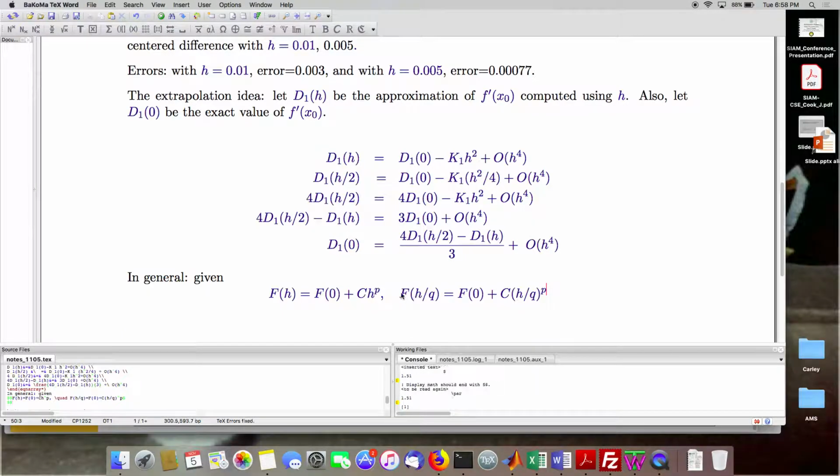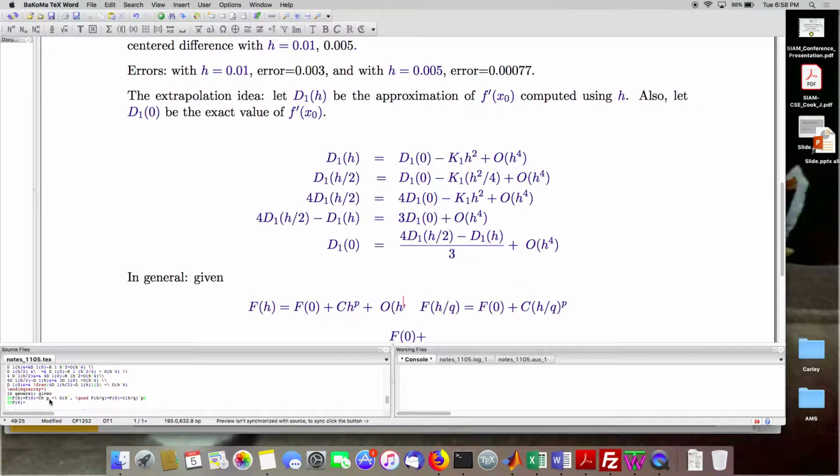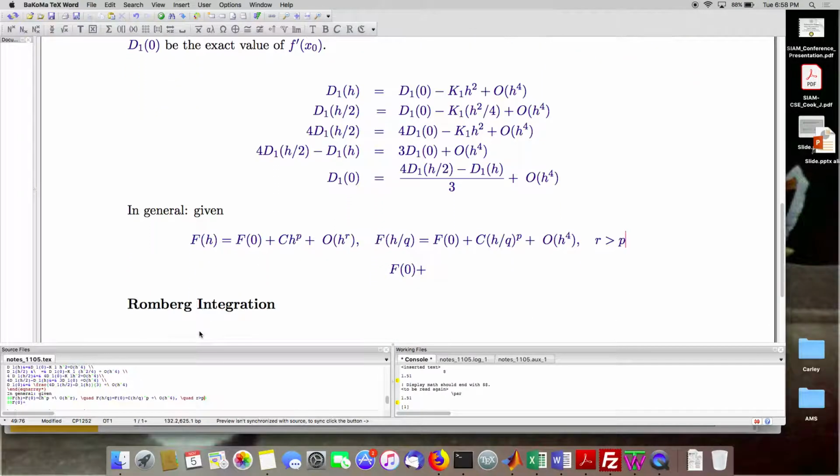I'm also going to add on whatever the next term in the error is, so h to the r, where r is strictly greater than p. In other words, the term c h to the p is the leading term in the error, and then we have higher powers of h after that.